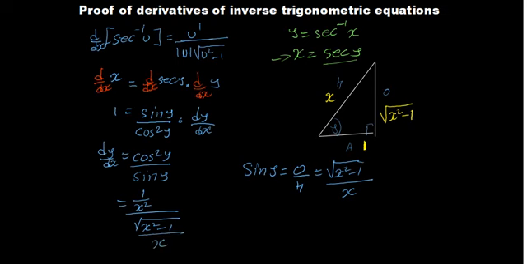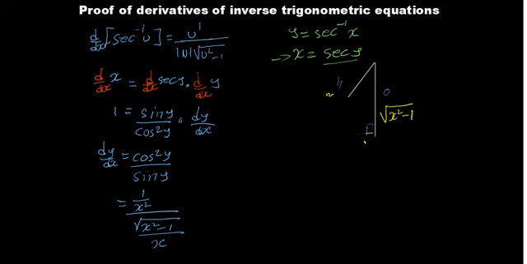If you want to write this step by step, let me just erase this. If you want to find this step by step, remember to say we have something like 1 over x squared divided by the square root of x squared minus 1 divided by x.